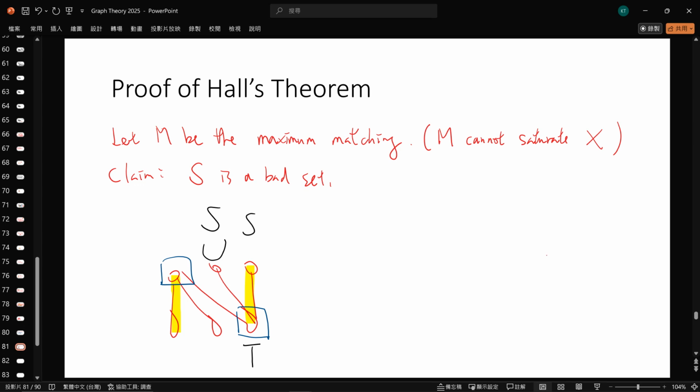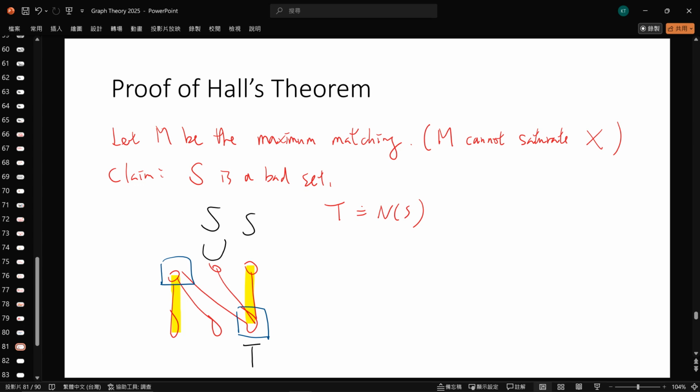And recall that T is just the set of neighbors of S. So to prove a set is a bad set, all we have to do is to show that it has only a few neighbors.